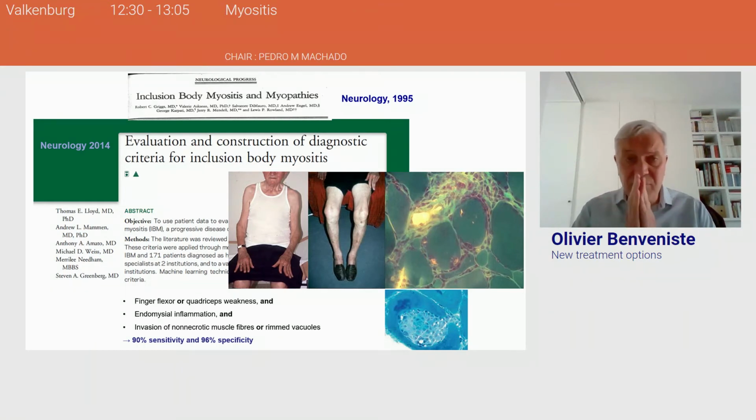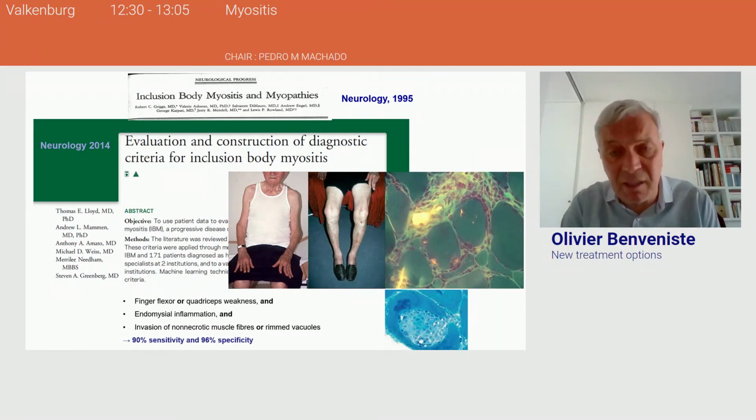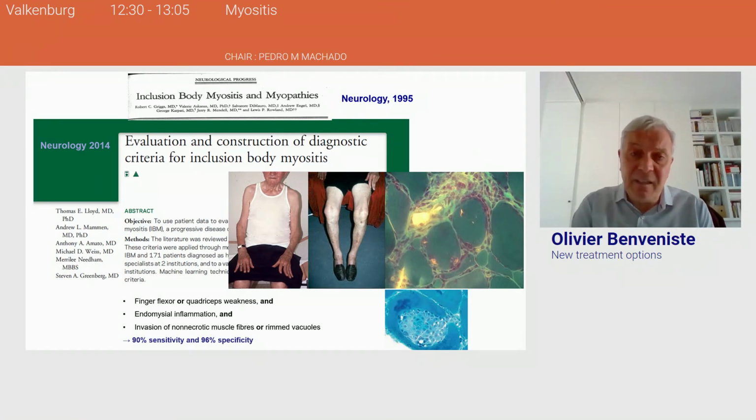Just to remind you that if you use the Peter and Bohan criteria, all patients with inclusion body myositis will be classified as having polymyositis, and that is not a good idea because, as you know, this condition is very resistant to corticosteroids.